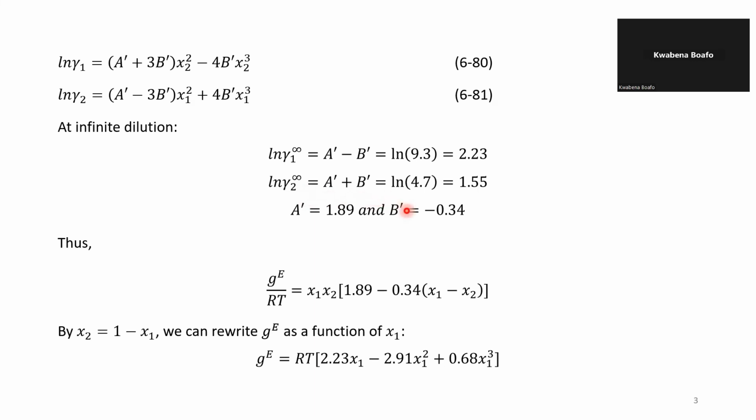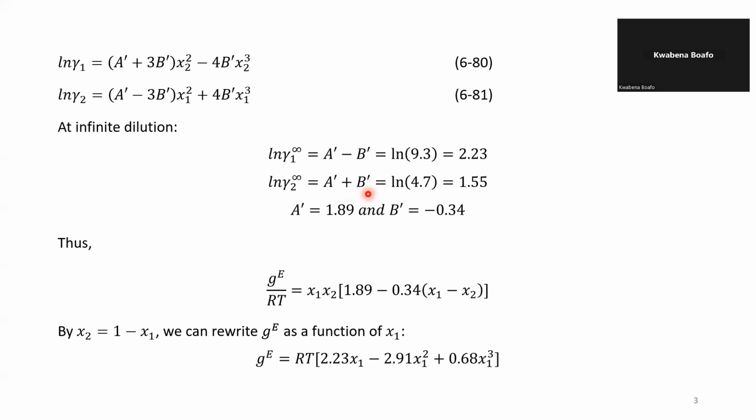In the problem statement, we were given the infinite dilution activity coefficients of the two components to be 9.3 and 4.7 respectively. We make our substitution to obtain 2.23 being equal to A prime minus B prime and 1.55 being equal to A prime plus B prime.